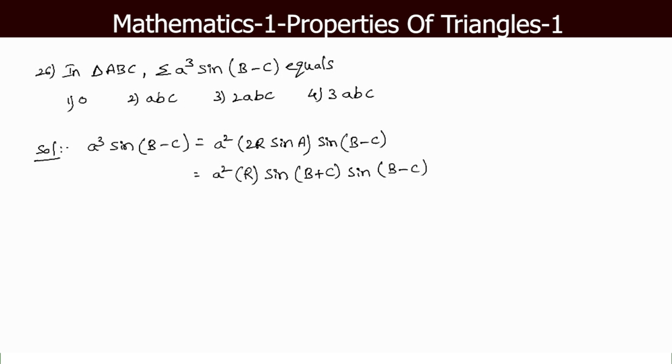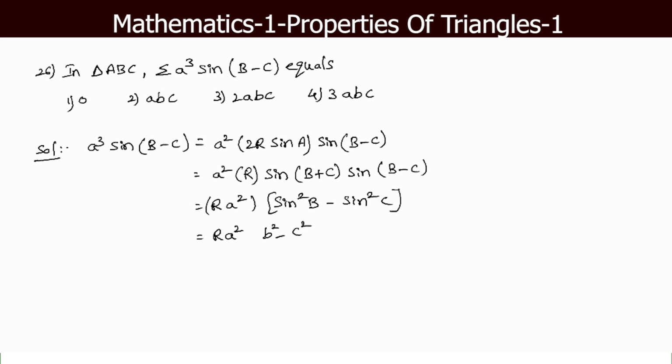That is R a squared into sin squared B minus sin squared C, which equals R a squared into (b squared minus c squared) by 4R squared. So sigma a cubed sin(B minus C) is equal to 1 by 4R into sigma a squared into (b squared minus c squared), and that, you know, is equal to 0.